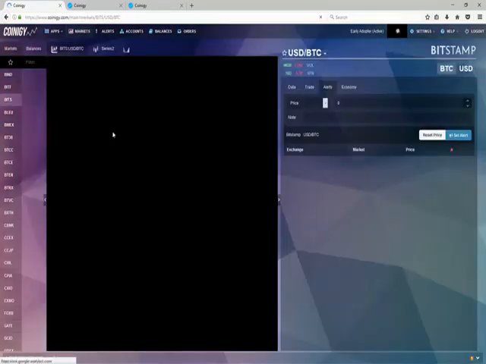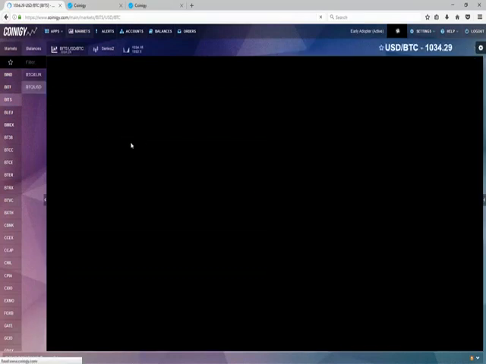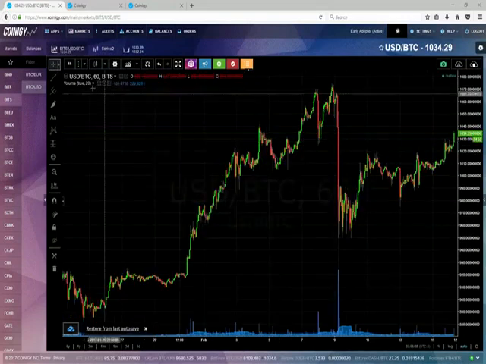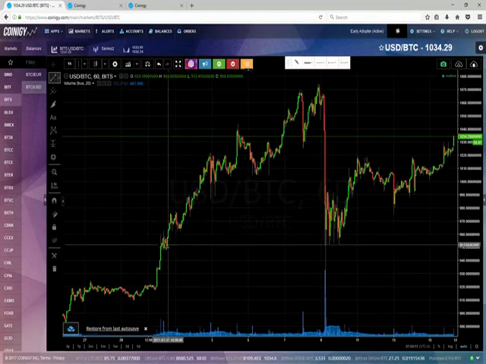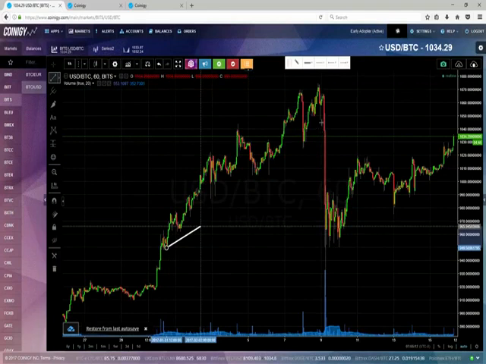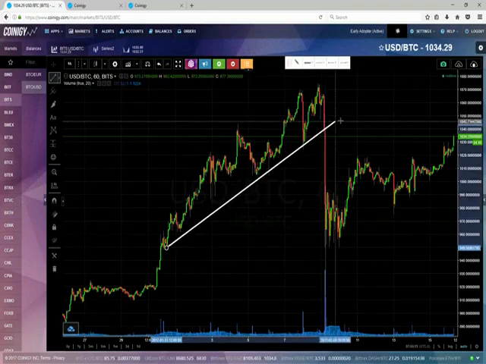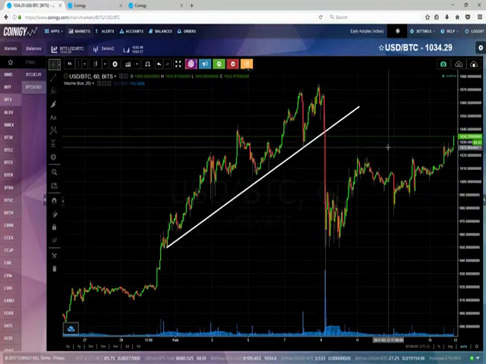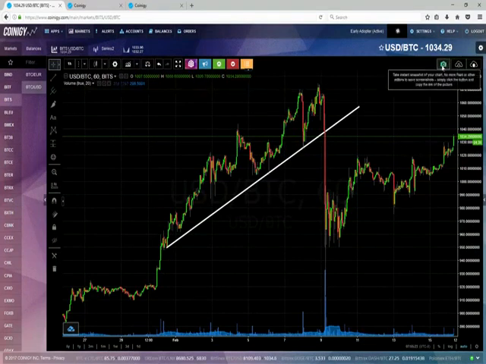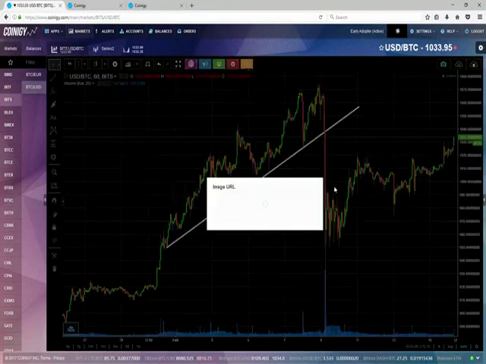And another really interesting feature with this is, let's say you want to share a chart, right? If you're on social media, if you want to share a chart on Twitter, let's say I were to draw out some trend line here, just as an example, you just click on this right here. It takes a snapshot, and it'll generate a link for you.